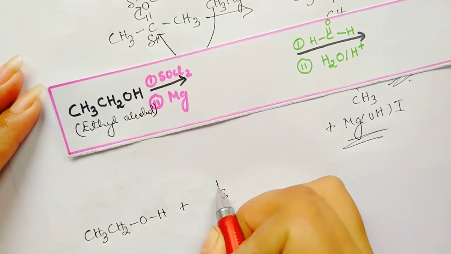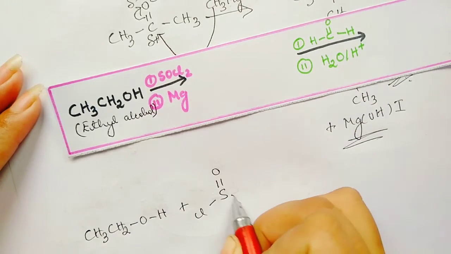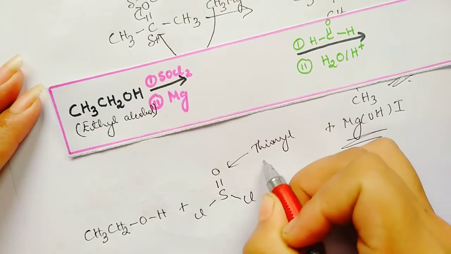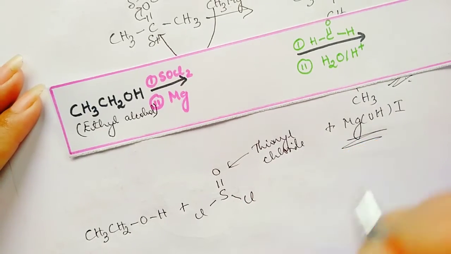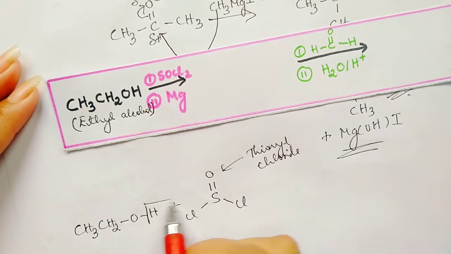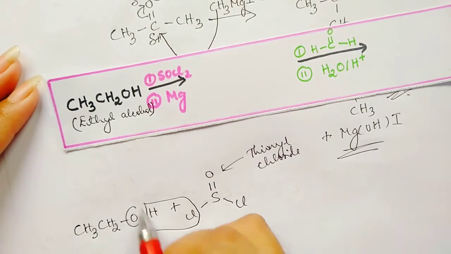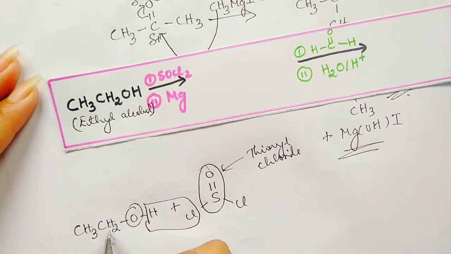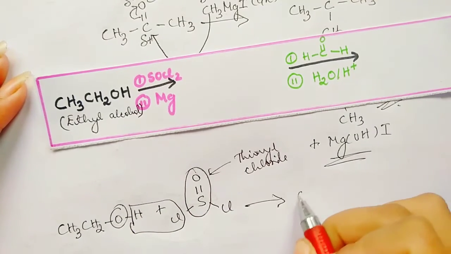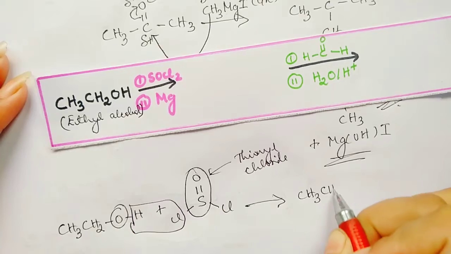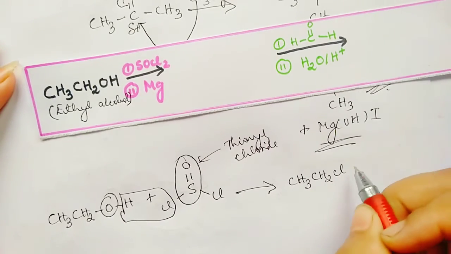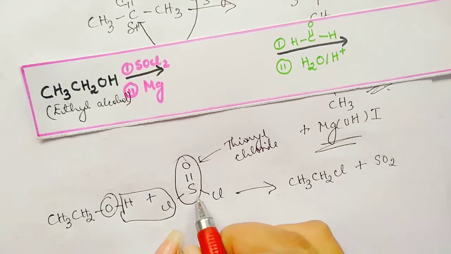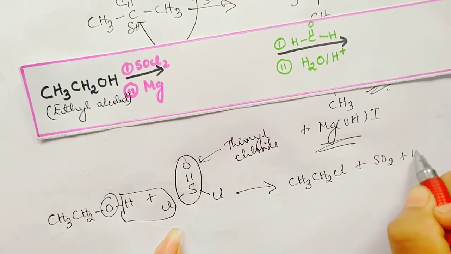From here we have HCl, and with this we get sulfur dioxide, and this chlorine forms a bond with carbon. So we have an alkyl halide, that is ethyl chloride, and then we have sulfur dioxide with HCl.